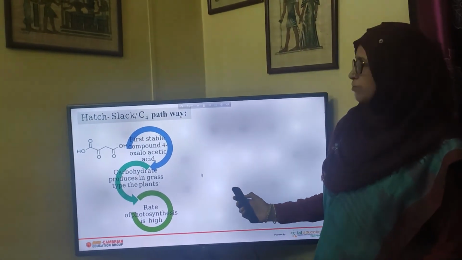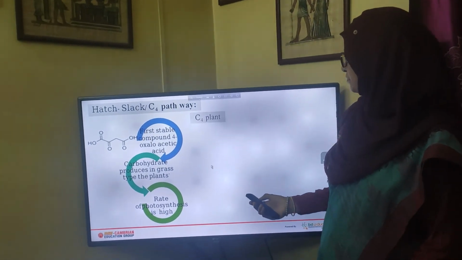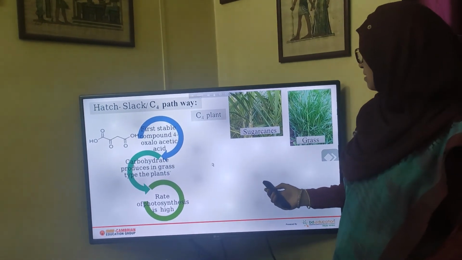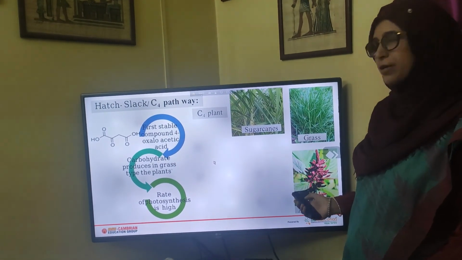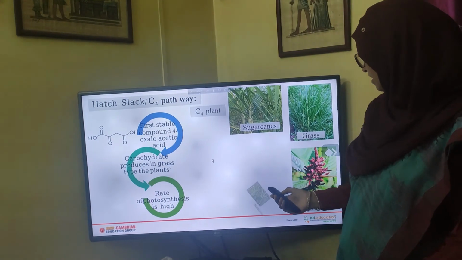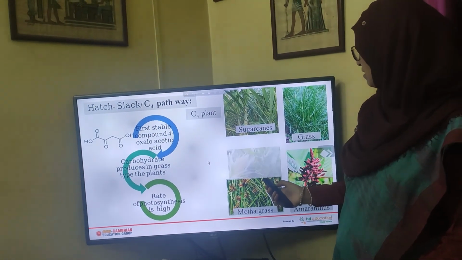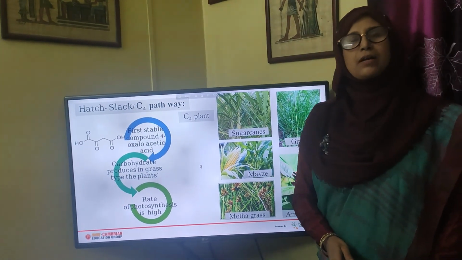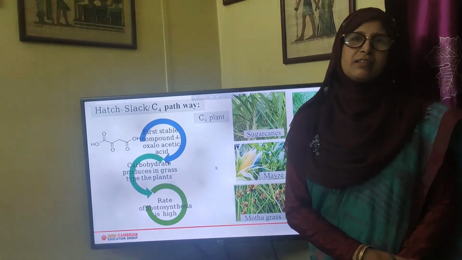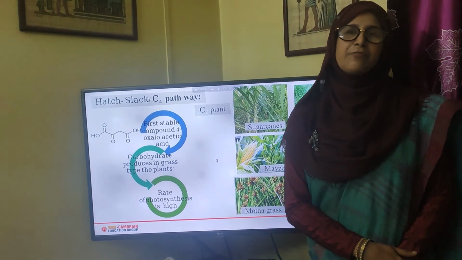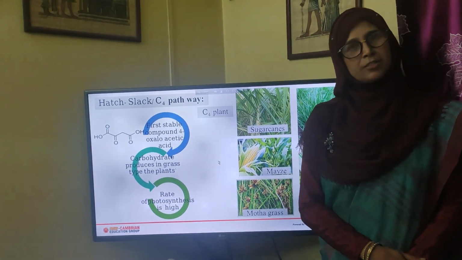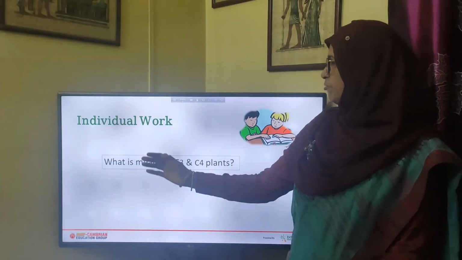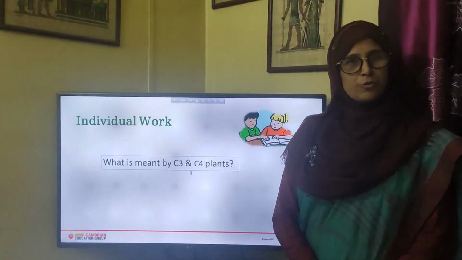See the examples of C4 plants: sugarcane, grass, different types of grass, amaranthus, that means data shaak, and this is Buddha grass, and this is maize. These are the examples of C4 plants. So dear students, we have learned what is the C3 cycle and C4 cycle, and what we mean by C3 plants and C4 plants.